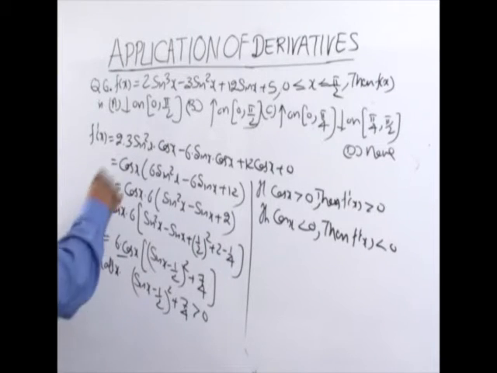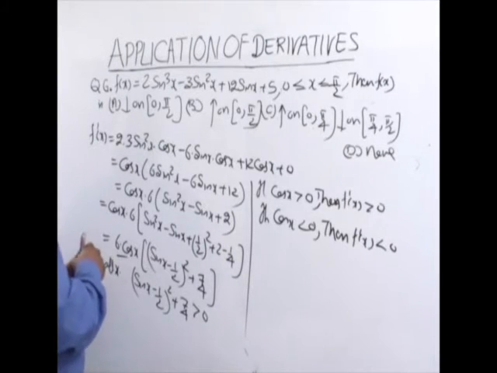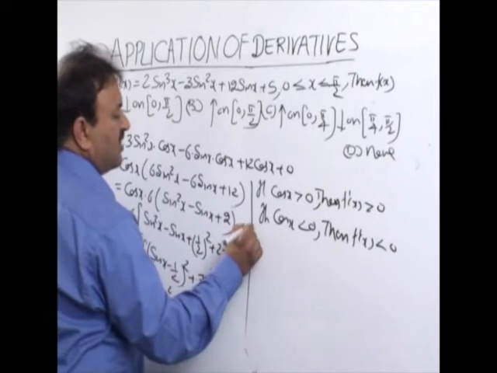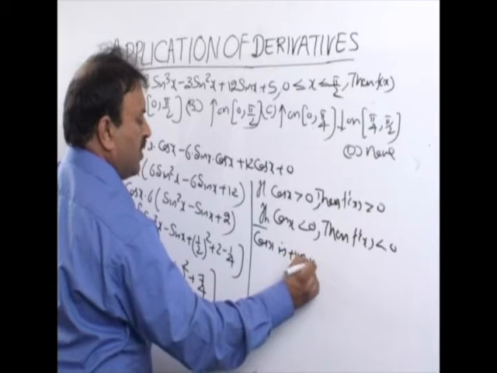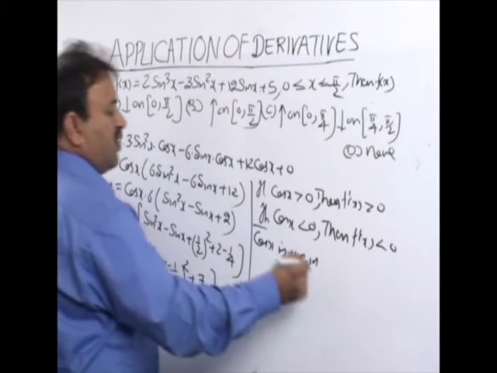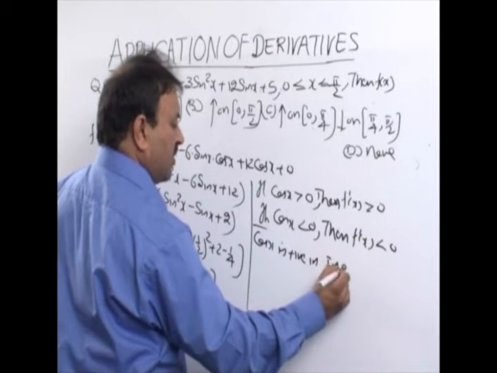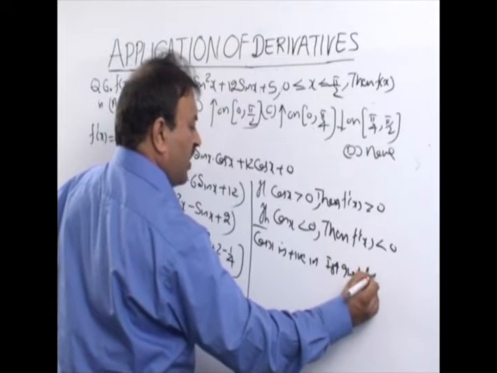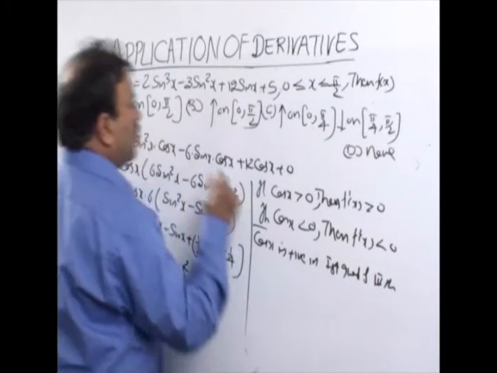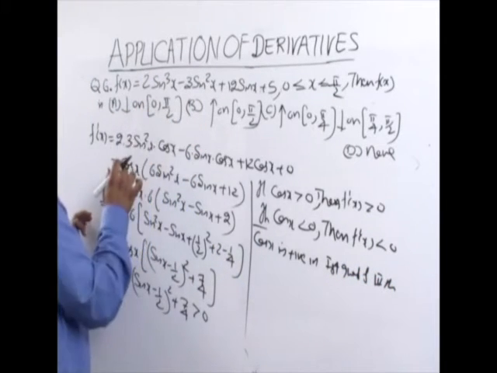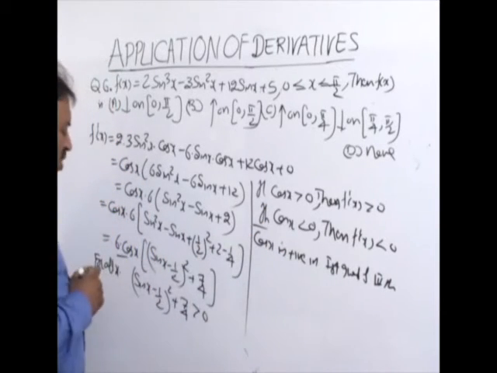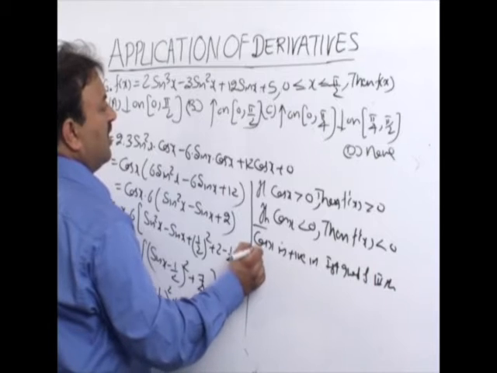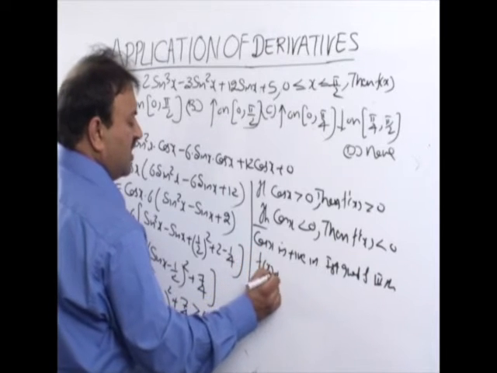Now in which interval will fx increase? Now we know that cos x is positive in the first quadrant and fourth quadrant. So we are given the first quadrant, which means cos x is positive in the first quadrant, and I will say fx is increasing.